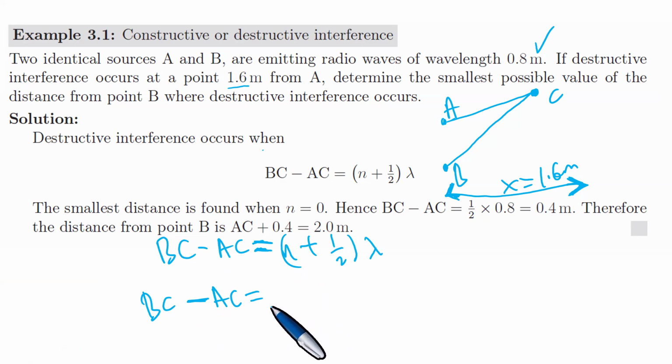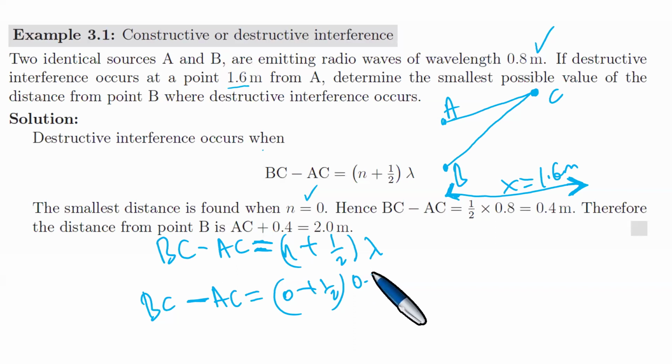So now at this point, you'd see the following. Determine the smallest possible value of the distance from point B where the destructive interference occurs. Destructive interference occurs when this is the case. The smallest distance is found when n is 0, which means you shall have 0 plus 1/2.